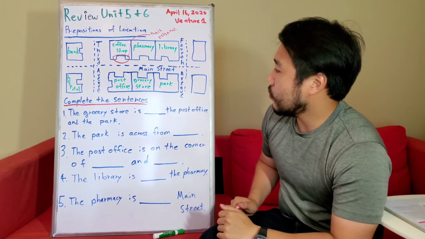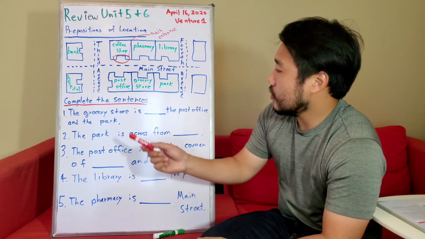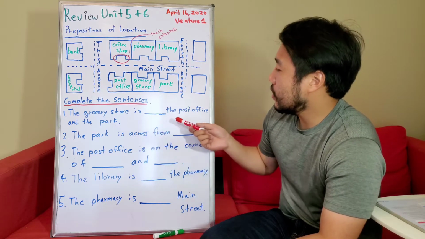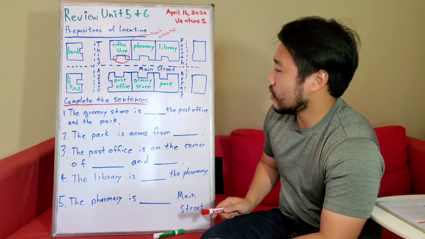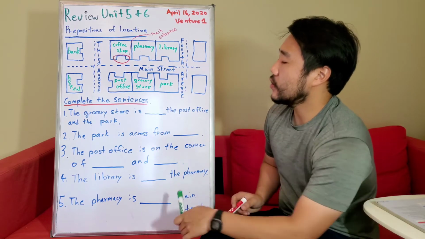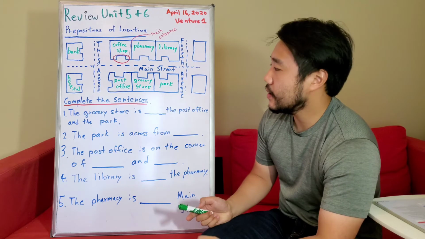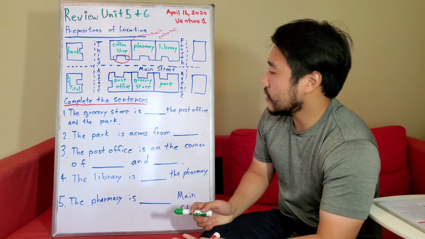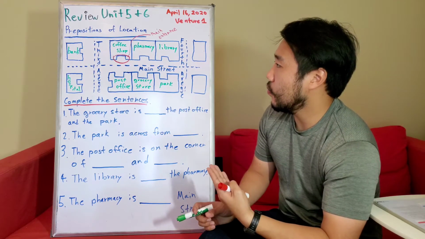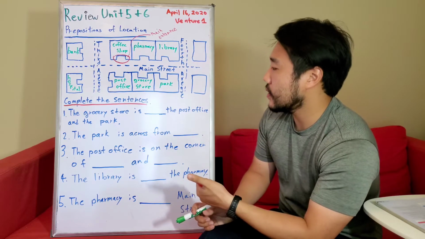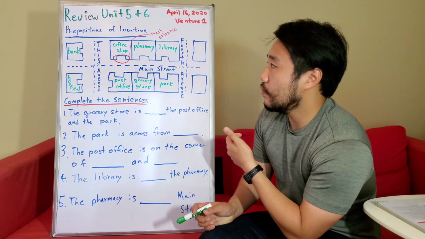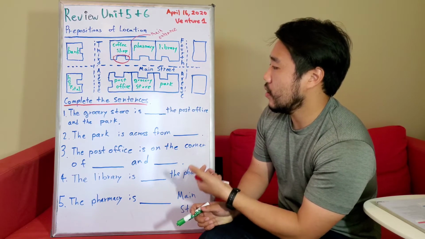So let's look at number 1. The grocery store is blank, the post office, and the park. The first thing we need to do when trying to do this exercise is recognize what is a place and what kind of prepositions of location are used.